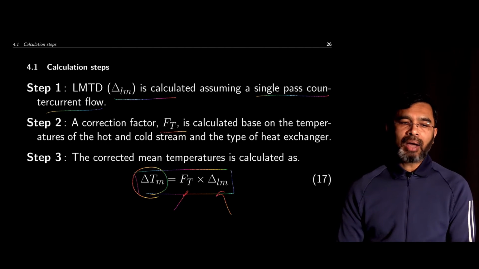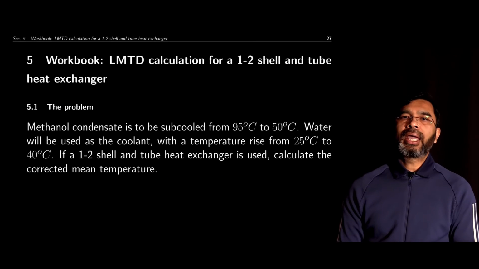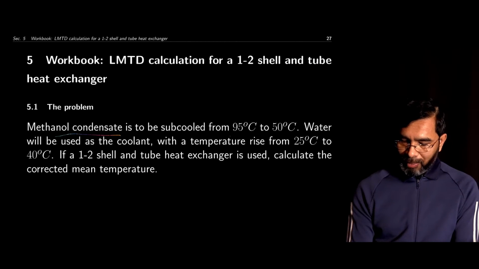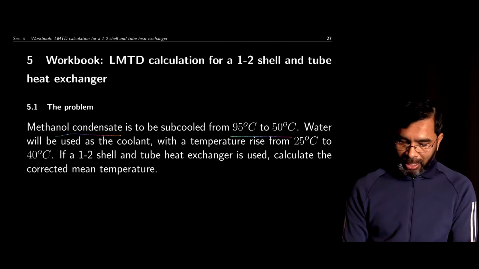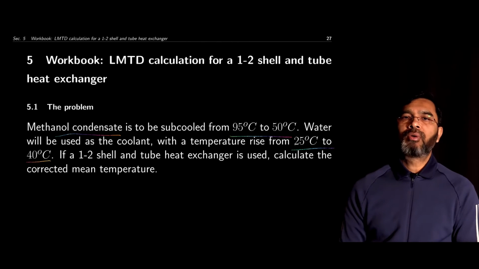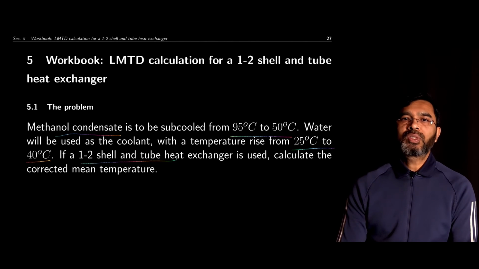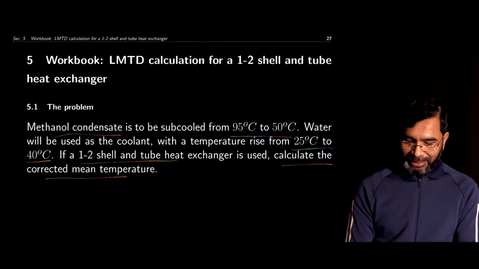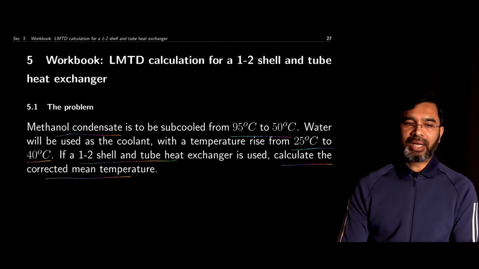So let's look at how to do it using an example. Here again we consider the example that methanol is to be subcooled from 95 degree to 50 degree centigrade, and water is to be used as a coolant whose temperature goes from 25 to 40 degree centigrade. If we use a 1-2 shell and tube heat exchanger, we need to calculate the corrected mean temperature for this heat exchange process.